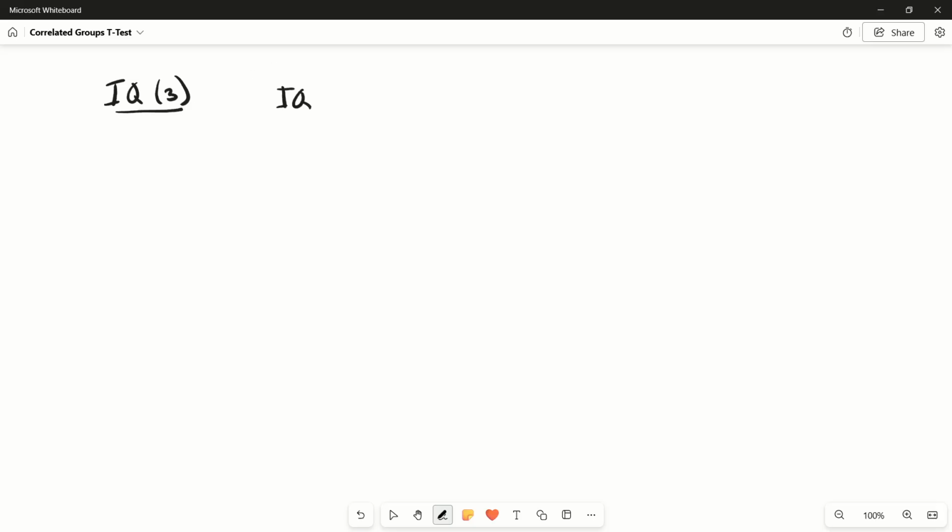And then we do IQ at 11. And these are the pairs. So each row represents one person, one child, whose IQ is taken at 3, and then whose IQ is taken 8 years later at 11.